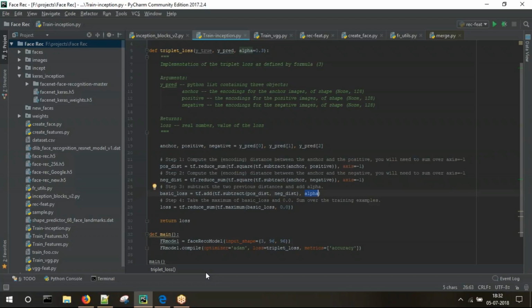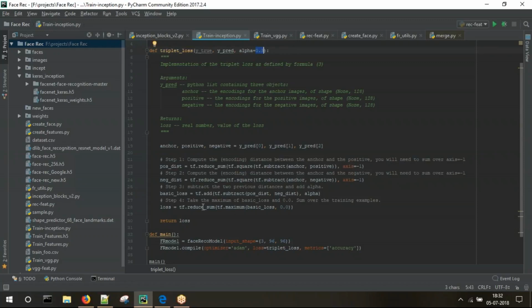Even if you look away from the camera, or the lighting conditions are different, if the alpha is not tuned, a person who is not the same person I'm referring to could be recognized. So you need to tune this alpha parameter depending on how exactly you want to work with it. I have used a value of 0.3.